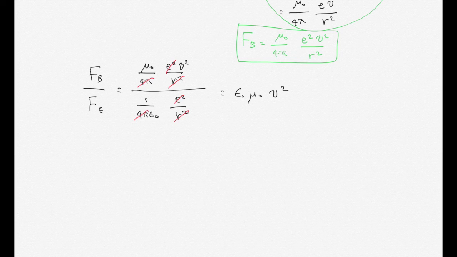And later we are going to study the expression for the speed of light. The speed of light is c. The square of the speed of light is expressed as 1 over epsilon naught mu naught.